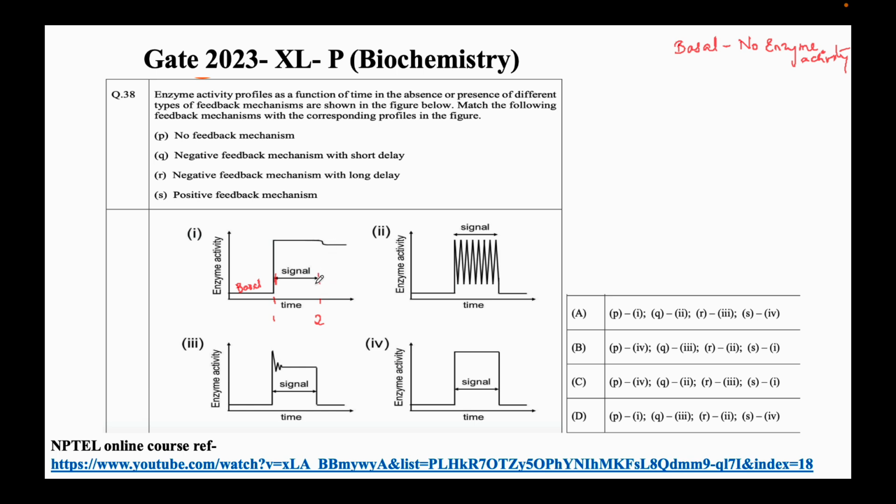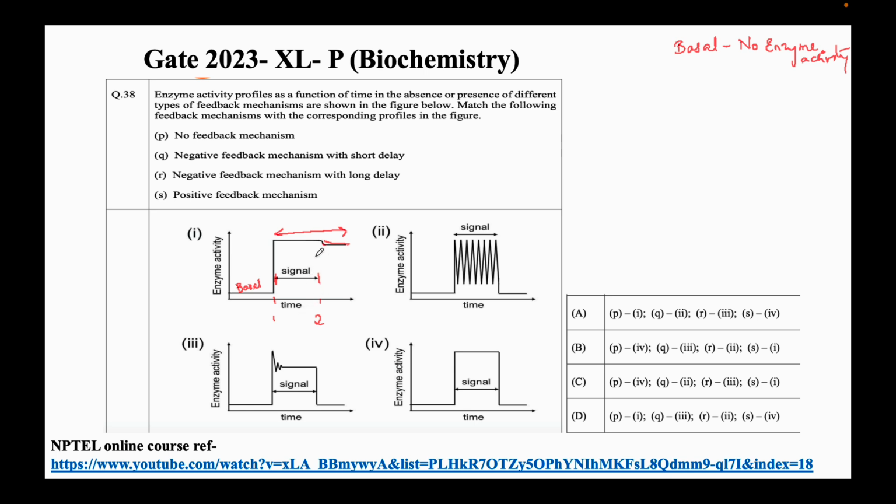Then after 2 hours the signal is removed, and as you can see, the enzyme activity is still persistently stable and is not falling down, right? So the enzyme activity is saturated and there is no decrease in enzyme activity.